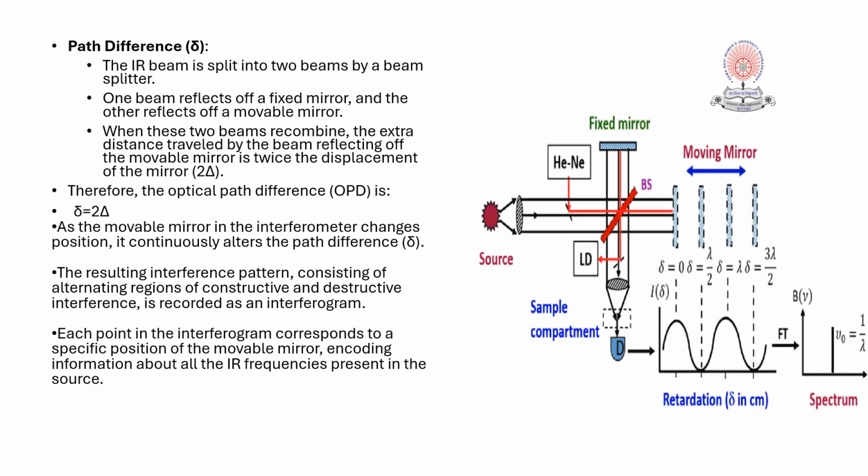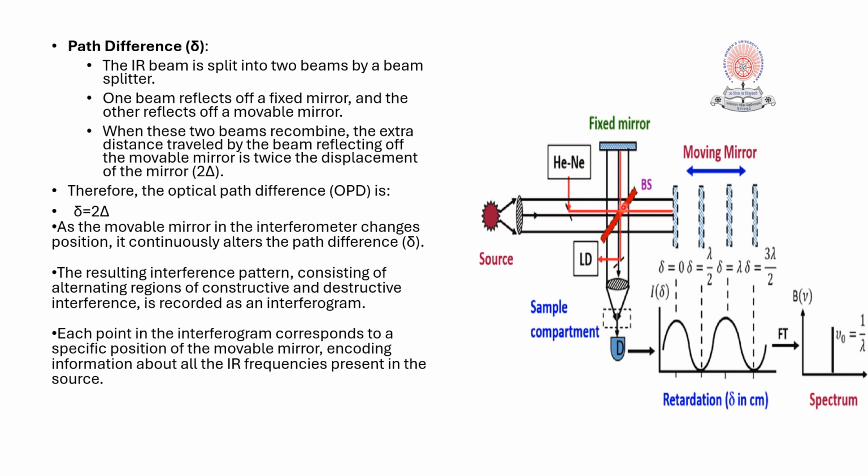Here let us understand how the interferometer creates an interference pattern by the movement of the moving mirror. The IR radiation that comes from the source passes through a collimator that produces parallel beams of light. The light strikes the beam splitter and is split into two halves.